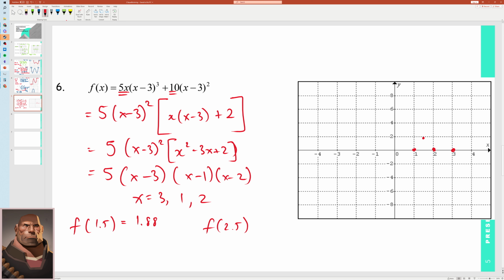And 2.5 this time. So we're looking at 5 times 0.5 times 1.5 times 0.5. Also the same thing, but a negative this time, negative 1.8. Just over there.